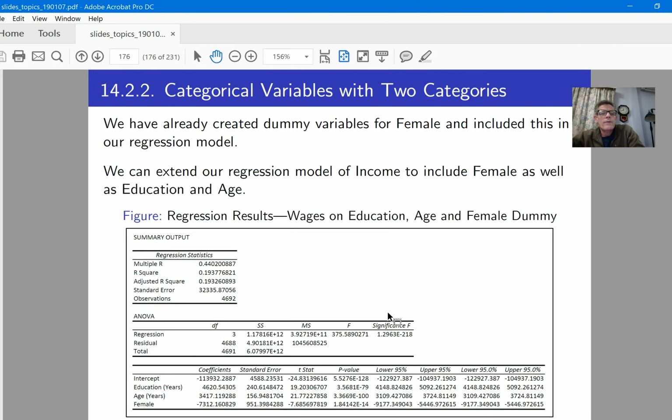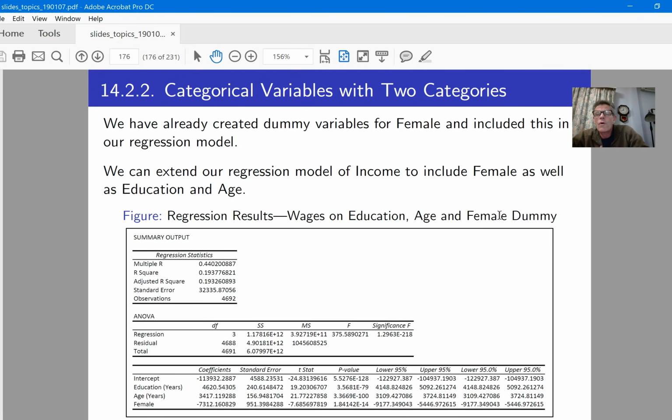What about if I've got a categorical variable here? So far the examples we've had have been, for example, education and age, which are continuous variables. Education can take a number of years, can take many different values. But what about if I believe that people's wage depends upon whether they're male or female, on their gender?